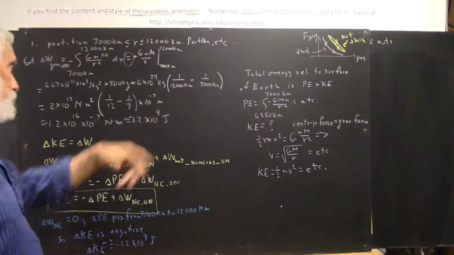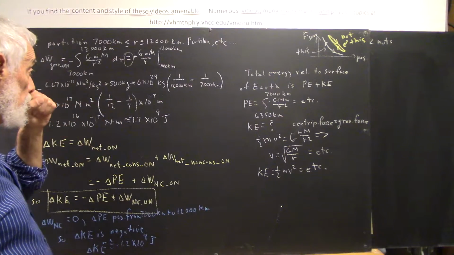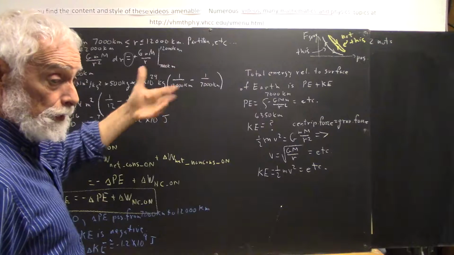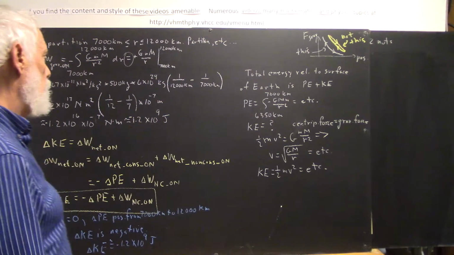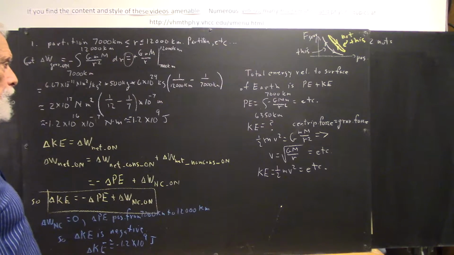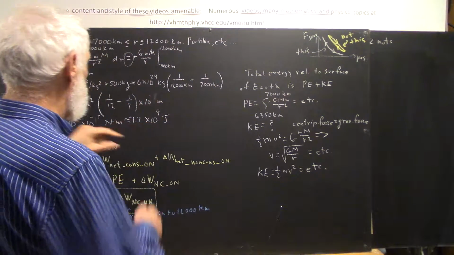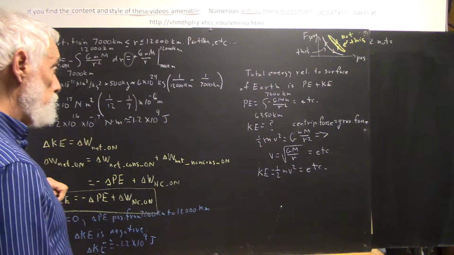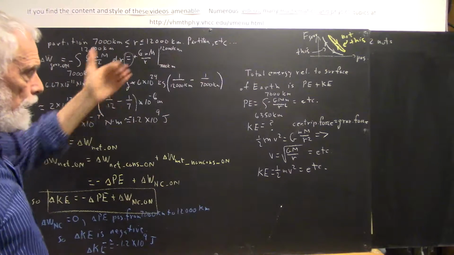Now, I did some stuff here, and I'm not even sure my result is correct. You can check it out. 10,000 kilometers is 10 million meters. And actually, I did kind of screw that up. That should have been 10 to the negative 6th here. Since I kept the 12 and the 7, it's 12 times 1,000.